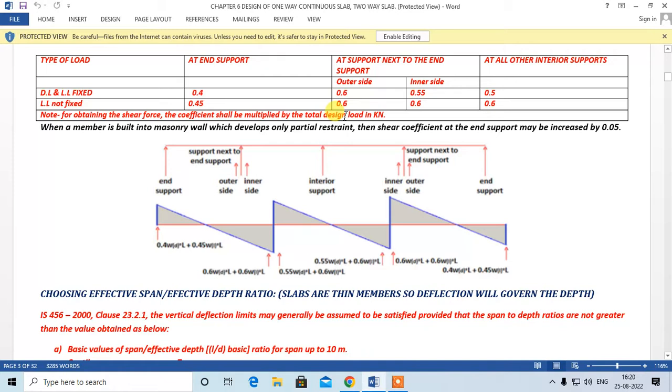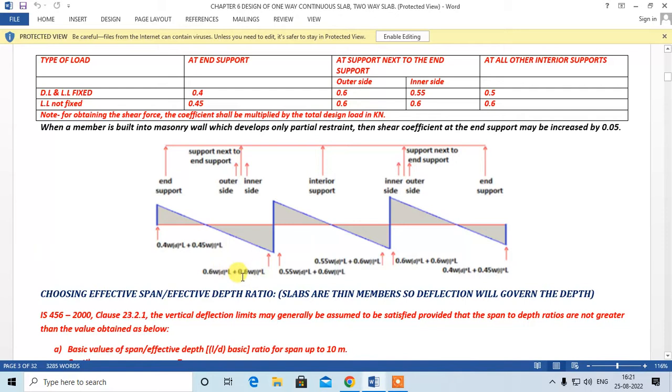To convert it into total load, we have to multiply it with the span, so we take small w into L. The shear force at this support will be 0.4 into dead load into span plus 0.45 into live load into span. That is what is shown over here. At this outer side, it will be 0.6 into dead load into span plus 0.6 into live load into span.